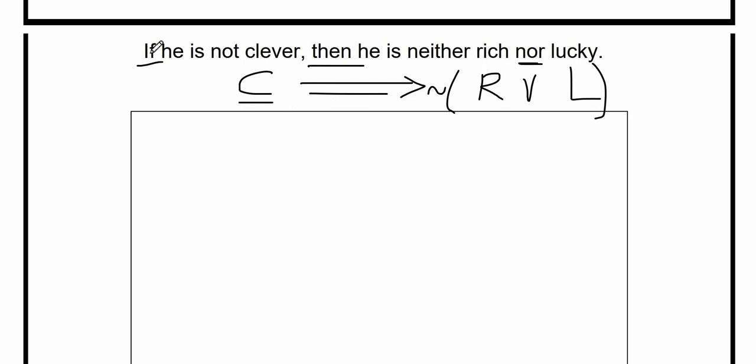And here also, we are saying he is clever, so we have to say he is not clever. If he is not clever, then it implies that he is neither rich nor lucky.